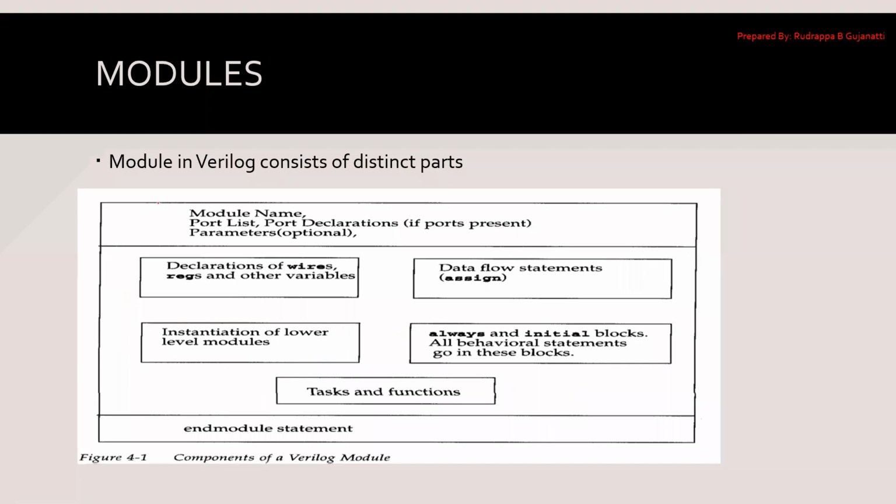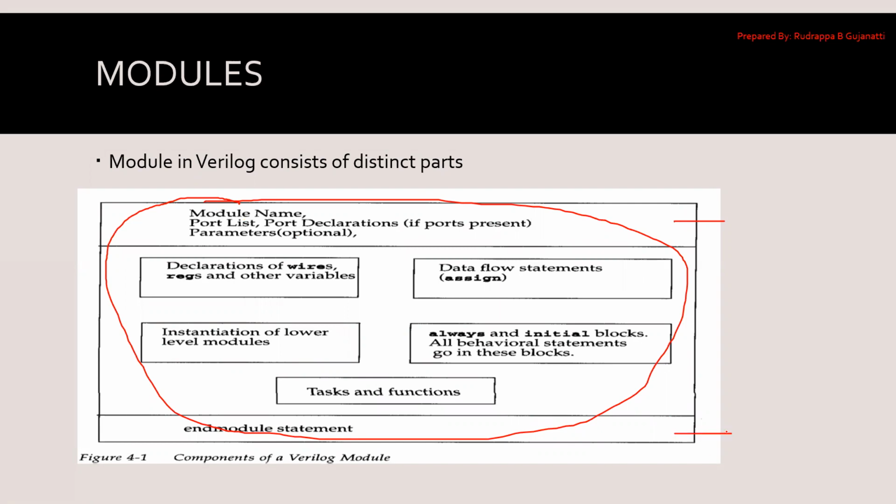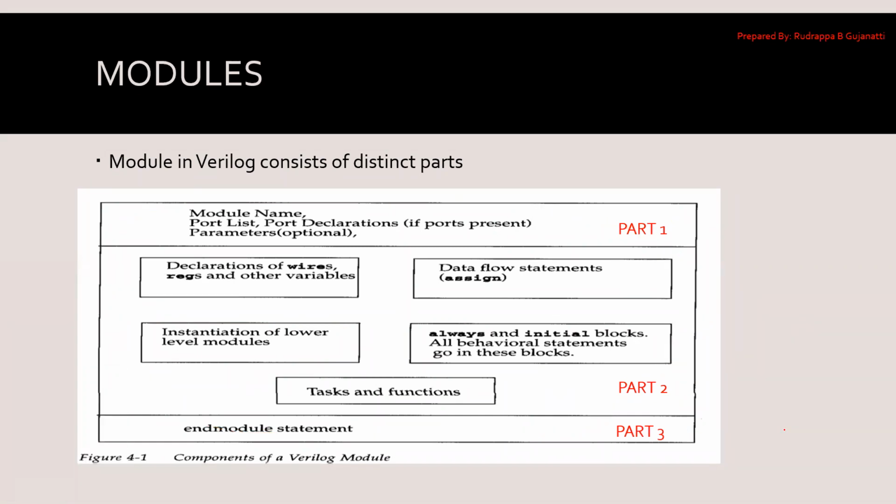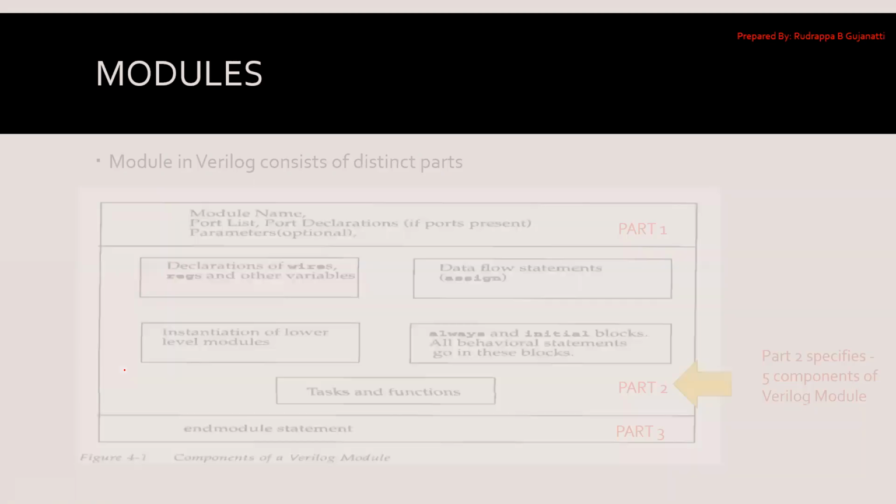These are the different parts present in an entire Verilog module. There are three parts: first, the module name and port list, then the endmodule statement, and in between the 5 elements, which is part 2. So a Verilog module consists of these 3 parts, and part 2 has 5 components: declarations, data flow statements, behavioral statements, instantiation, and tasks and functions. These are the things available.